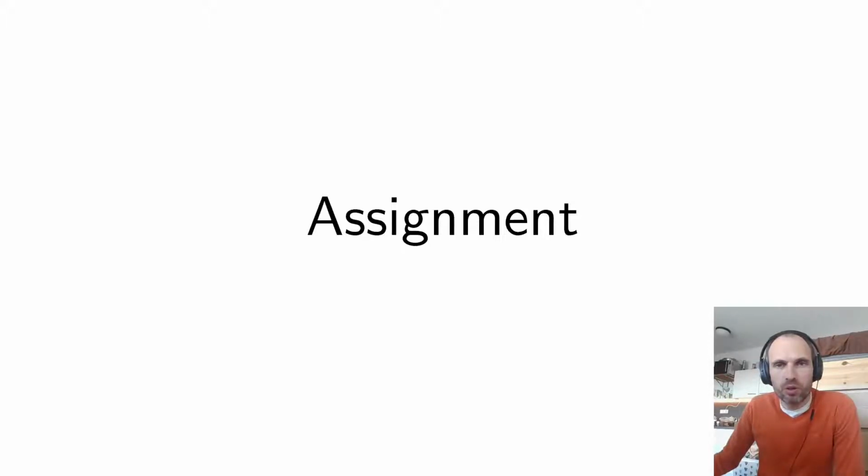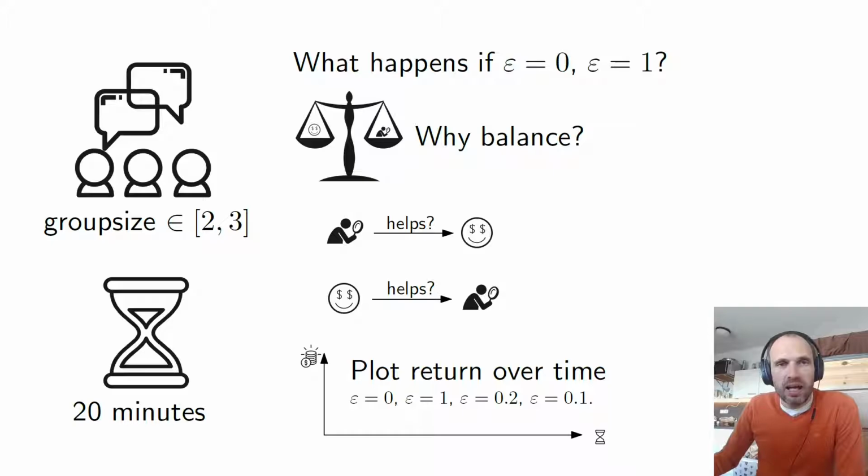Because epsilon-greedy is so important, there will be another assignment in class. You can also do it at home by yourself. I want you to think what happens if epsilon equals 0, or what happens if epsilon equals 1? Neither of these cases are really great. Think about why that would be. So there's a need to have a balance. Can you maybe explain why you need to have the balance?